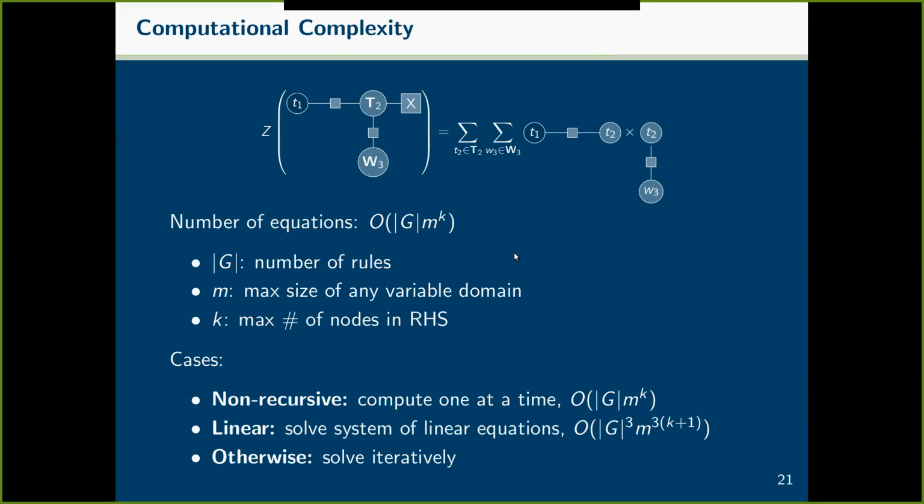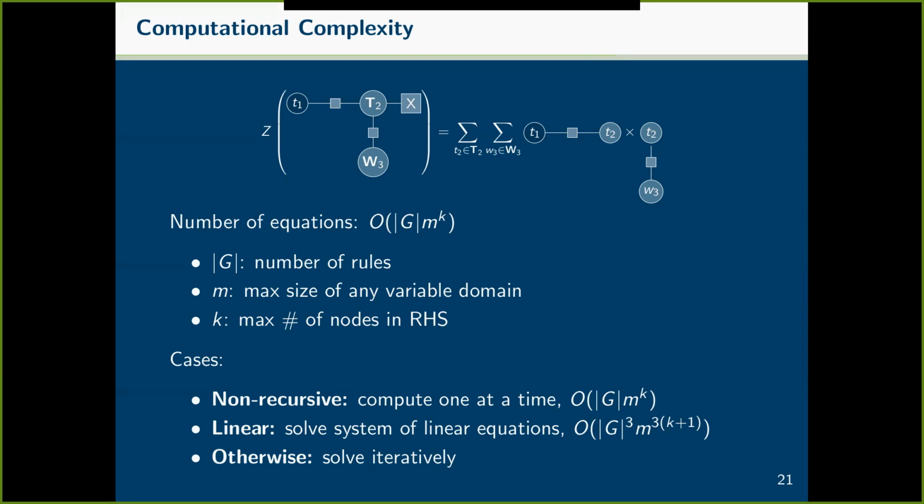And when we're solving this, there's a few cases. If our grammar is non-recursive, so there's no loops, like if you have non-terminal x, you can never generate a graph that contains an x anywhere in it, then you don't have to use any fancy equation solving mechanisms.